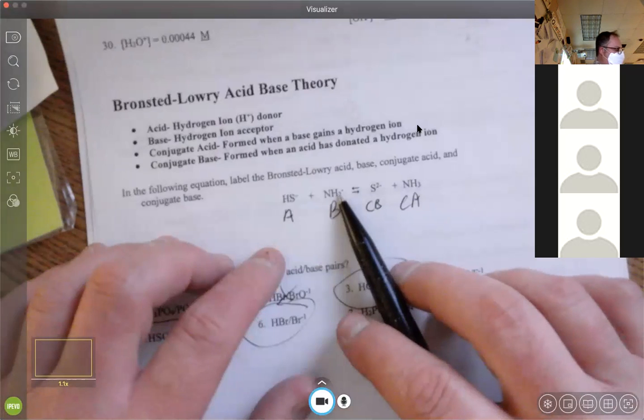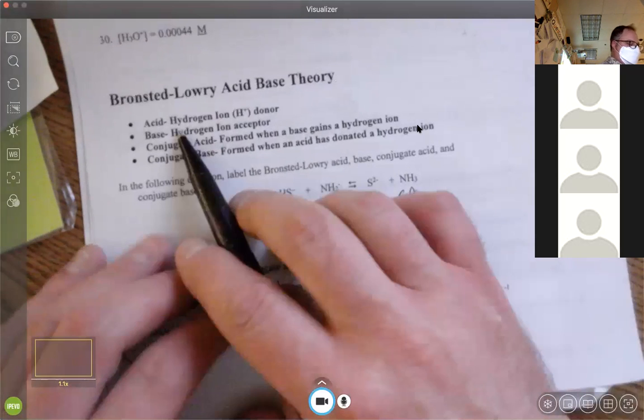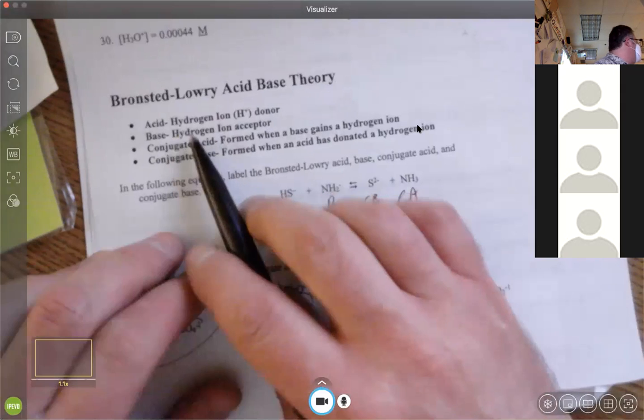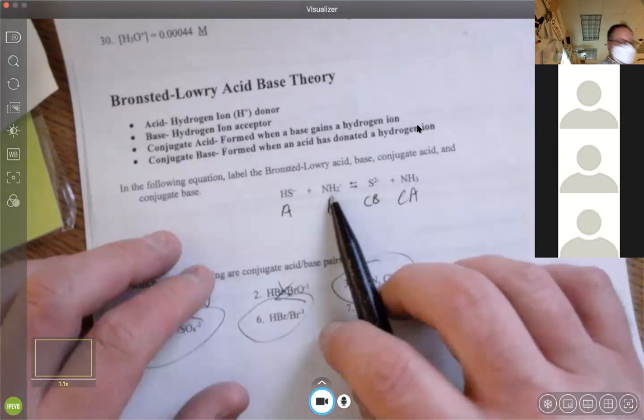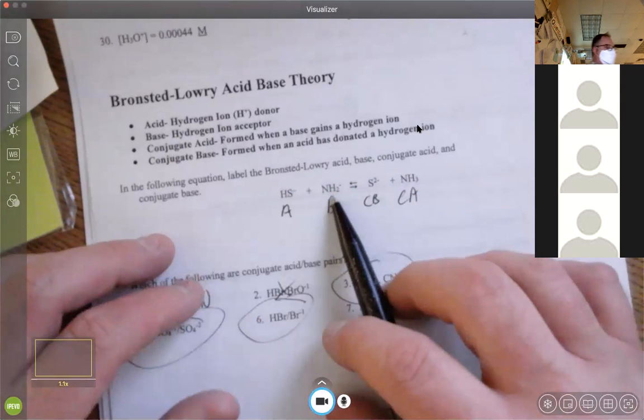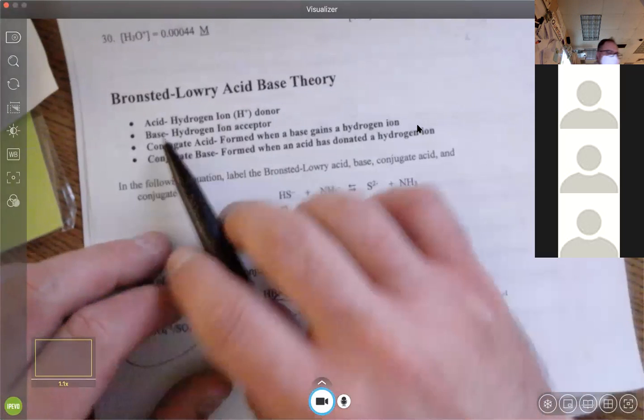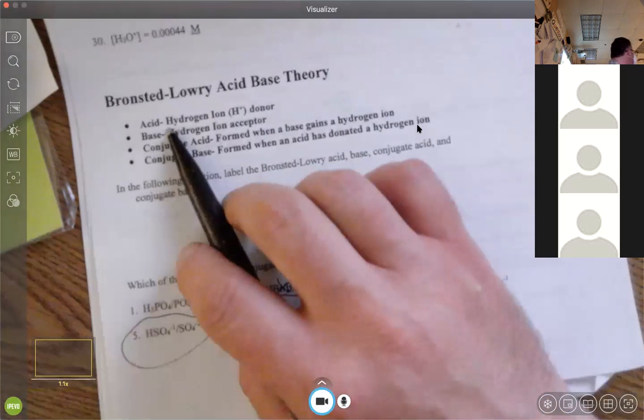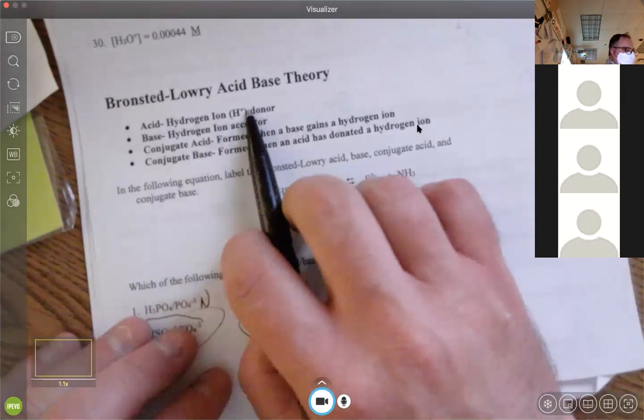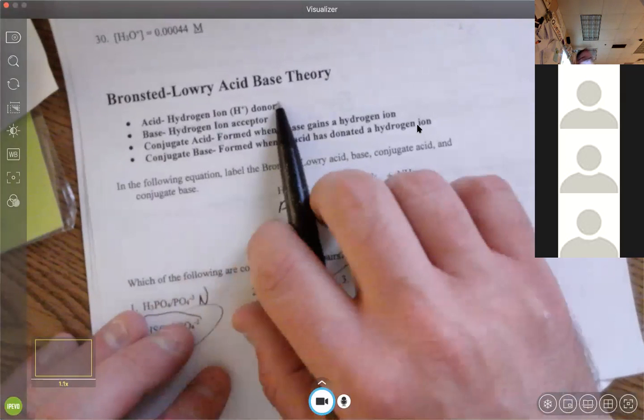So Bronsted found that somehow this does act as a base. We need to figure out how. So they redefined the acid as a hydrogen ion, or H plus, donor. They redefined the base as a hydrogen ion, or H plus, acceptor.